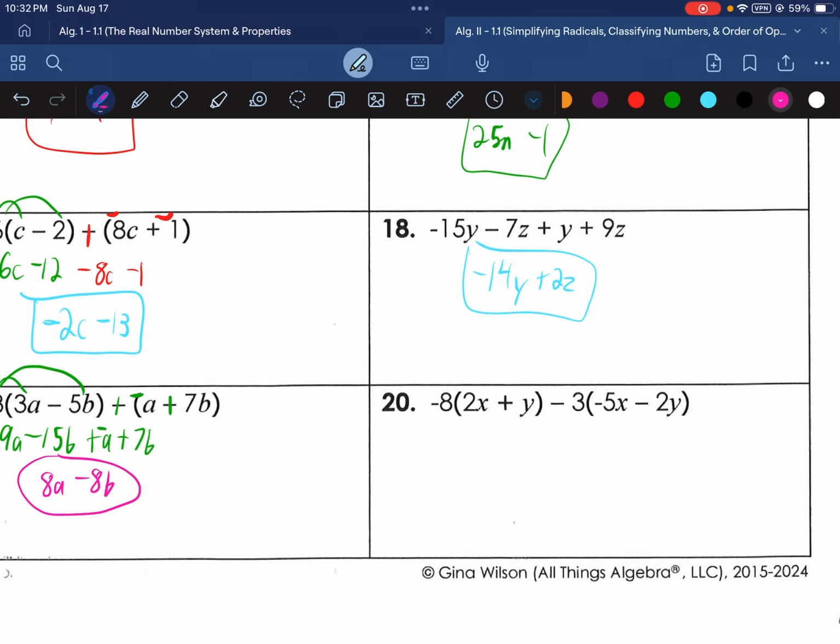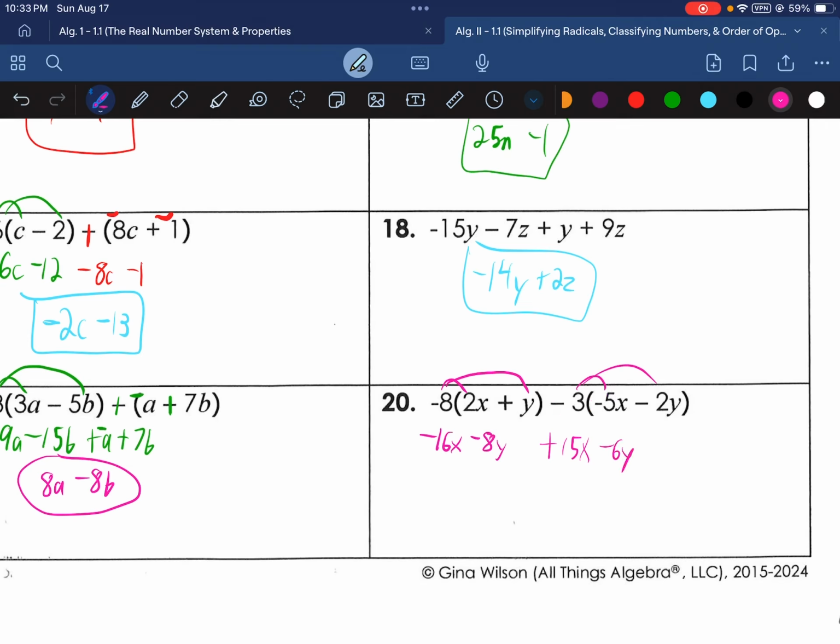On number 20, our last problem of this section, negative 8 times 2x is negative 16x, negative 8 times y is negative 8y. Here, once again, with this minus in front of this parenthesis, even though there's a 3 there, if we distribute the 3, we might lose track as we go through this and call it, sure, a positive 15x, because we think of this as a negative 3 times negative 5x.